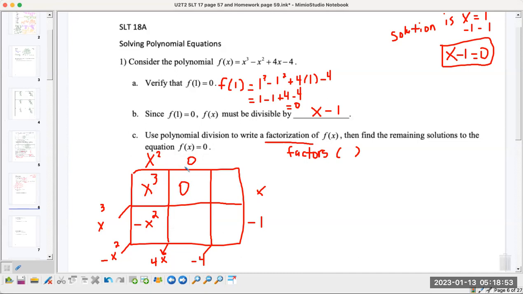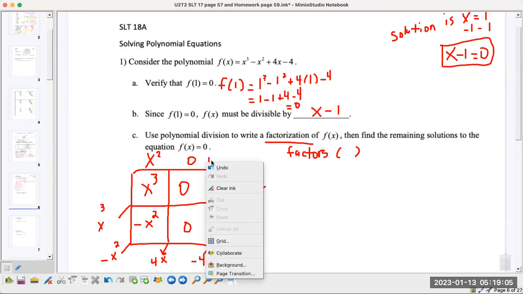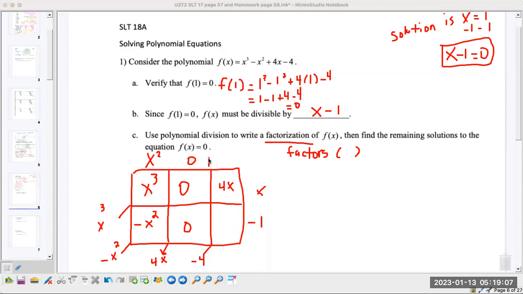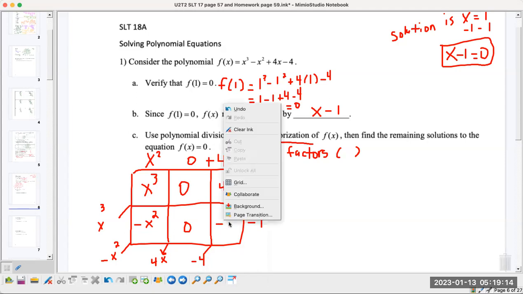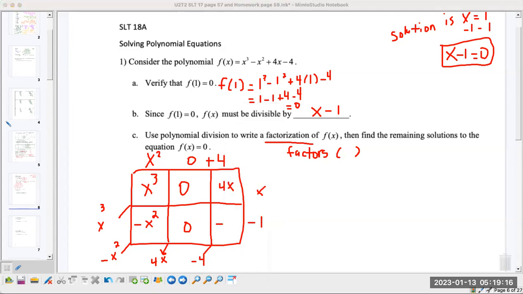And now we can multiply back, and that's going to give me 0. All right, this box plus this box need to add up to 4x. So this has to be 4x. Division thought, 4x divided by x is plus 4. Multiply back, 4 times a negative 1 is negative 4. And I can see that these are the same, negative 4 and negative 4. So I have no remainder.